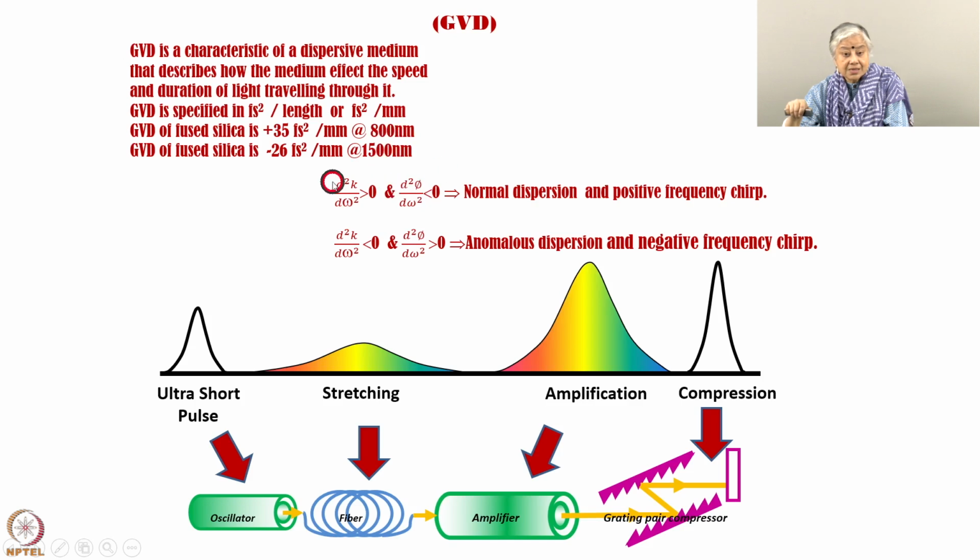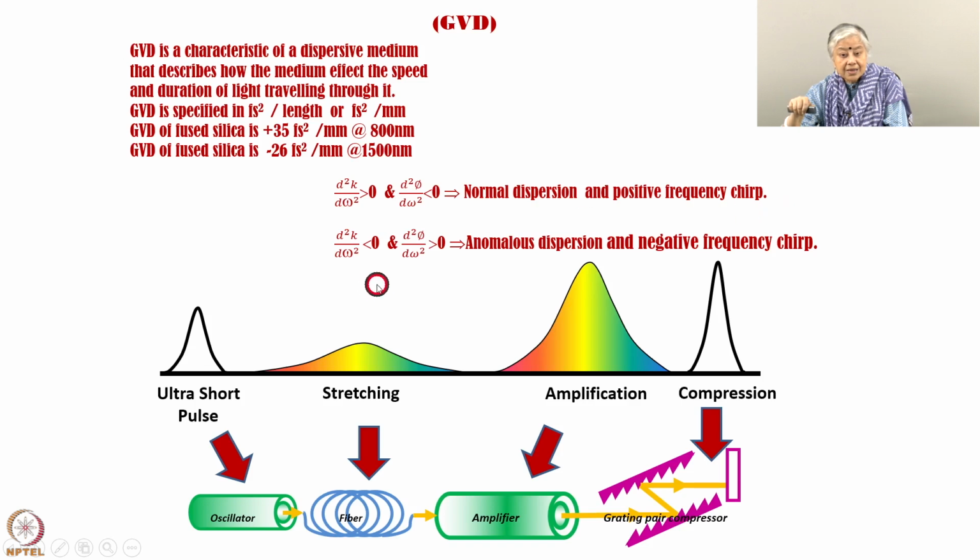Okay. Now when I say this positive and negative, that will be described here. When d square k by d omega square is greater than 0 and d square phi by d omega square is less than 0, this is positive and this is negative, then it is called normal dispersion and positive frequency chirp.